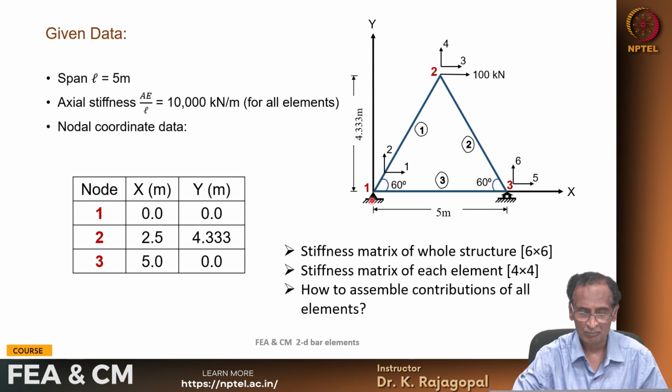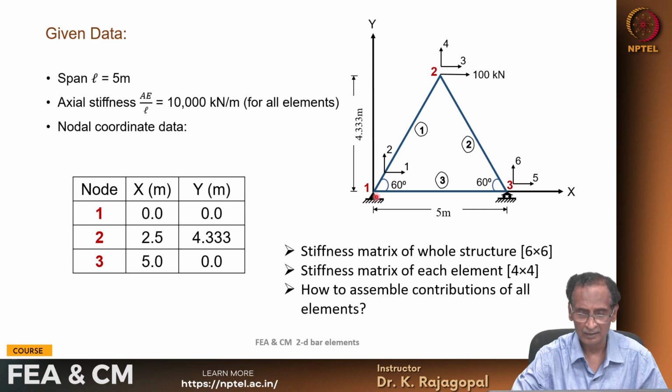Node 1 is supported on a hinge, so that will develop force in both vertical and horizontal directions, and the horizontal force should be exactly equal to 100. So, we get a reaction force at node 1 as minus 100.